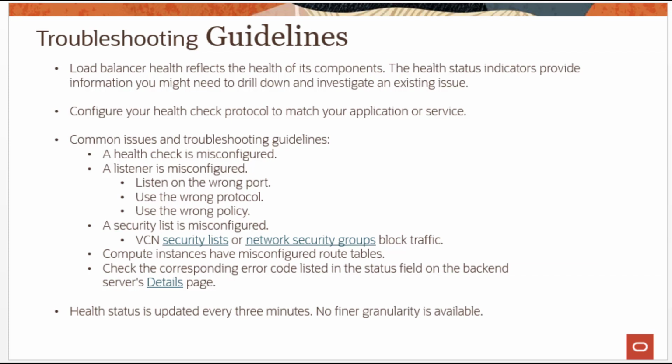Or your health check is misconfigured, where either the protocol or the port is wrong. That could cause a false health indicator on the UI for the load balancer or the backend set. This health status is updated every 3 minutes, which is the default, and no finer granularity is available for now.